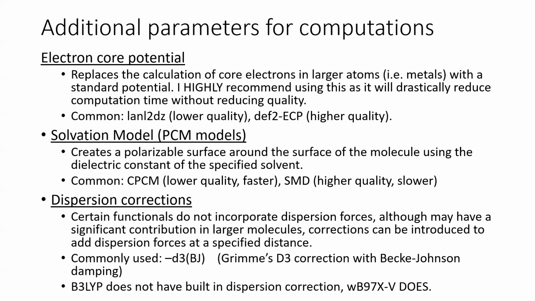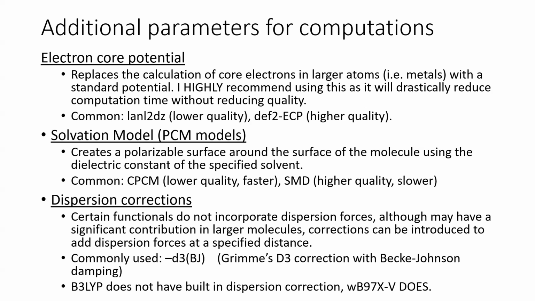So in a ruthenium, all of those core electrons won't change very much. It's only the valence electrons that really make a difference in the calculation. So if it replaces the calculation of those core electrons with a standard potential and only calculates the valence electrons, your calculation will be performed in a significantly lower amount of time.